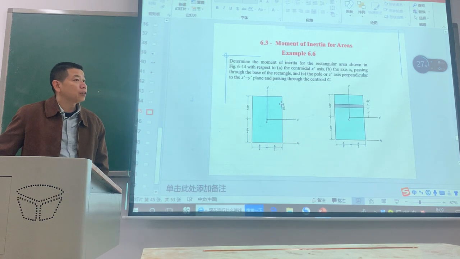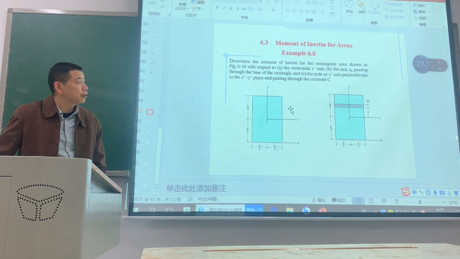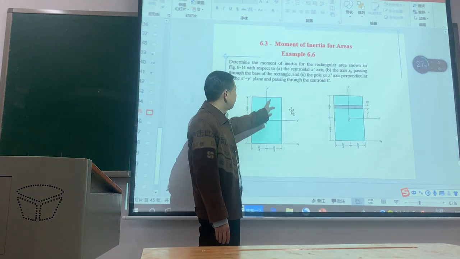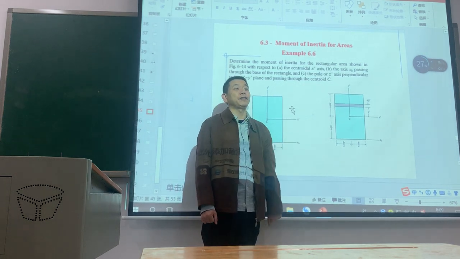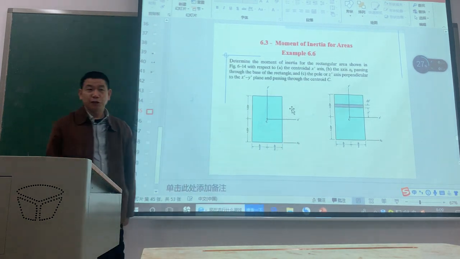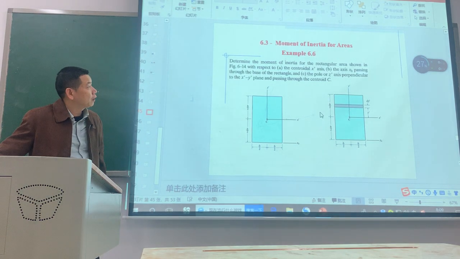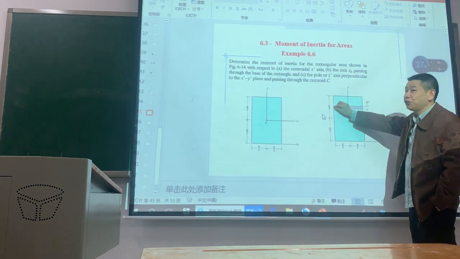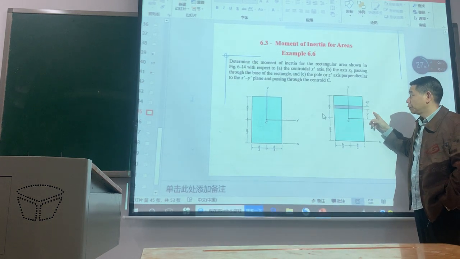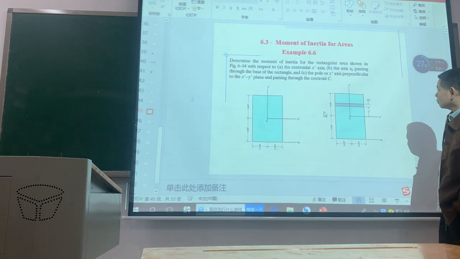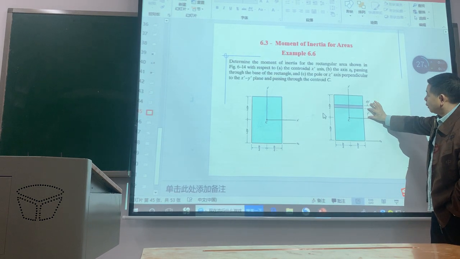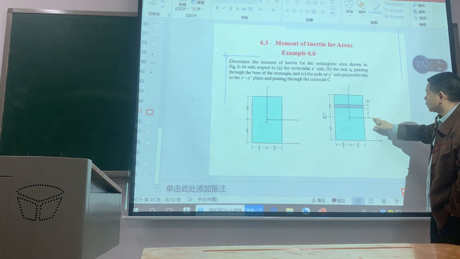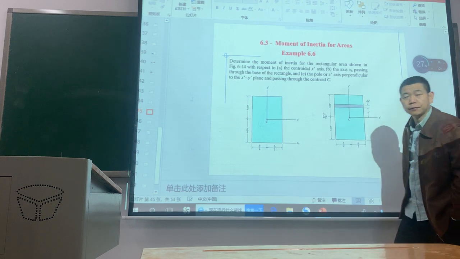So how do we find it? For example, there is a rectangle. How do we find the moment of inertia about the x and y axes? From the definition, we take a differential area like this, where the distance from the area to the x prime axis is y prime.